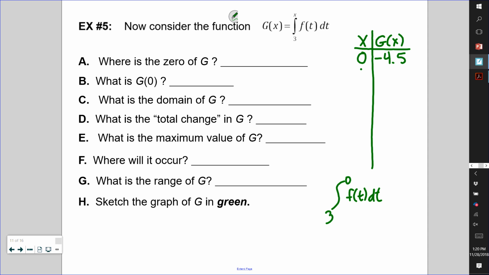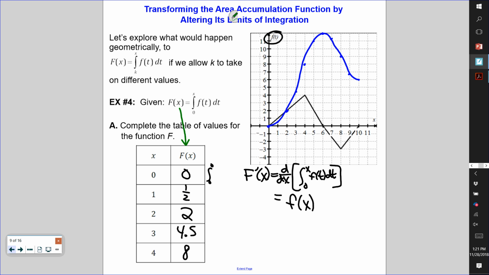Okay, so if I do 1, I'm going to be going from 3 to 1 of f of t dt. So I'm going to find the area between 1 and 3 and then change the sign. So let's go back. What's the area between 1 and 3? Be careful. I don't include 0 to 1 anymore, remember? It's from 1 to 3.